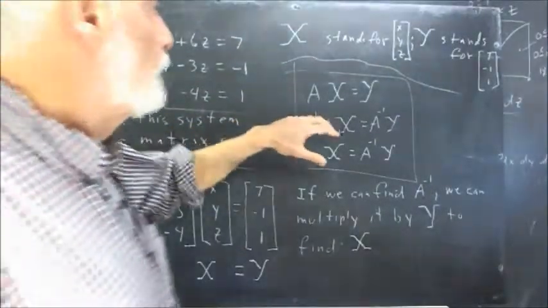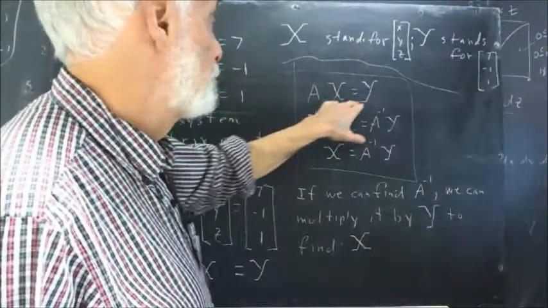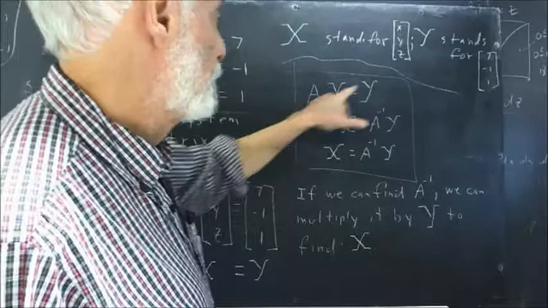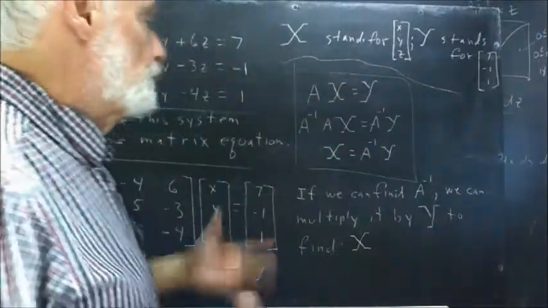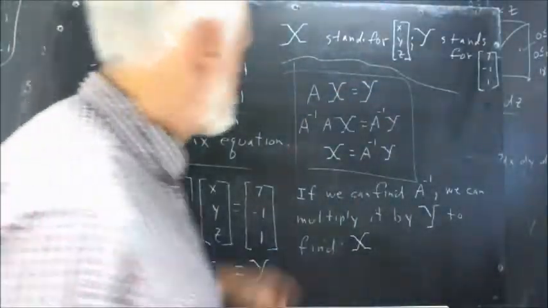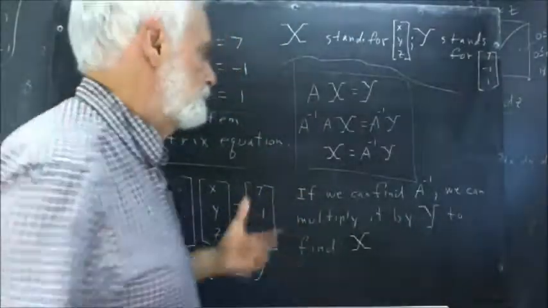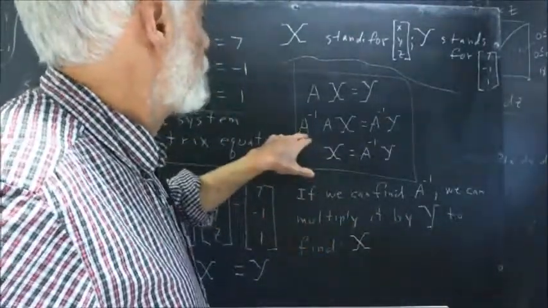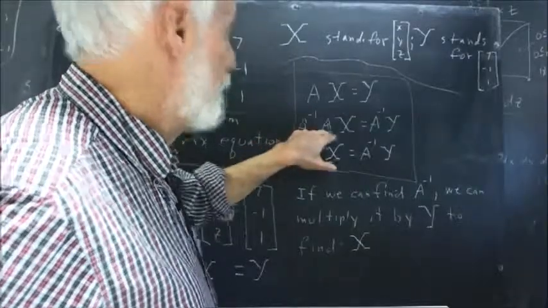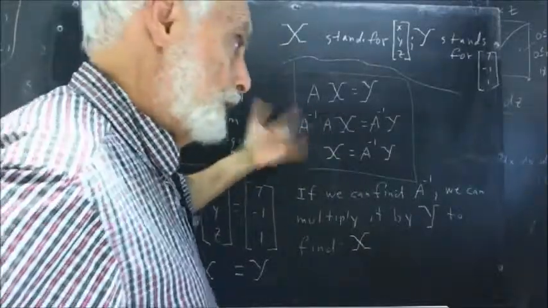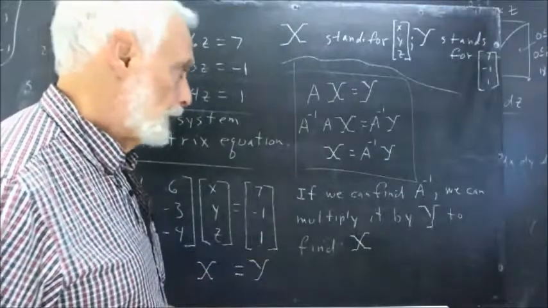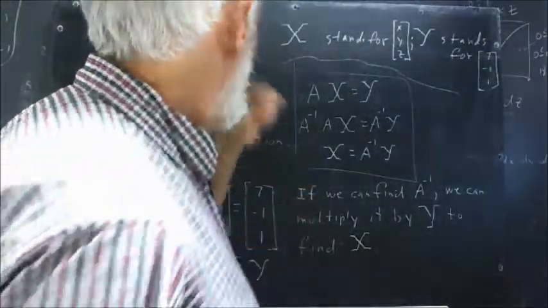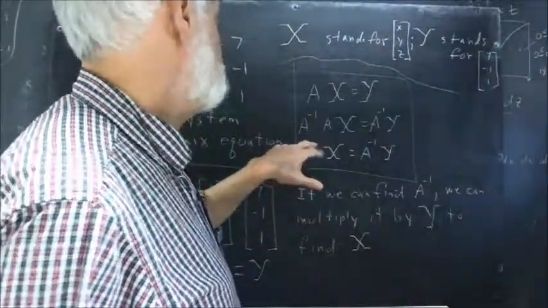Now, we have the matrix equation then, AX equals Y. A times big X equals big Y. It should be intuitively obvious, if you understand the rules of arithmetic, that if we multiply the inverse of a number by a number, we would basically cancel them out. I don't like that word cancel, but it's late in the semester, so we're going to use it.